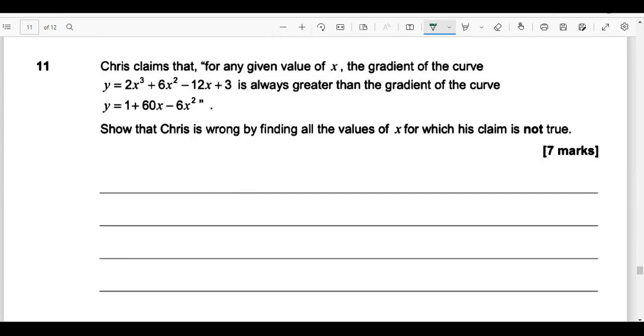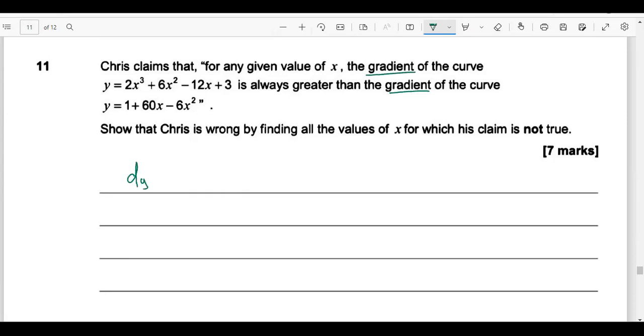So is that okay? Yeah. Okay. So basically, Chris claimed something. You need to prove that this claim is not true by finding the values of x for the other case. What would be the other case? Let's find out the gradients first because all the time talking about the gradient.